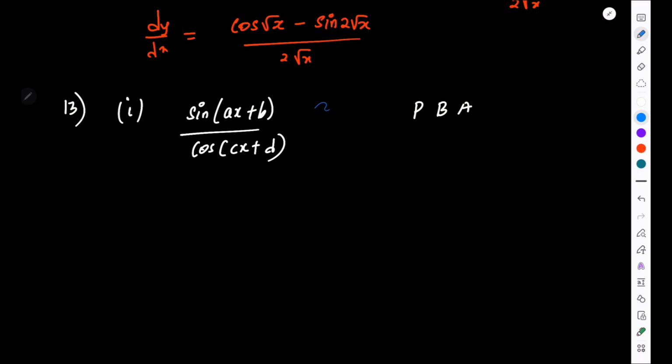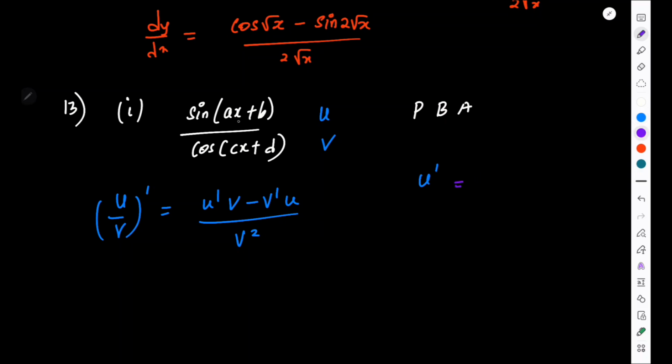So you consider the numerator as u, the denominator as v. So u by v differentiation would be u dash v minus v dash u divided by v square. So what is u dash differentiation? U dash would be, sine differentiation is cos ax plus b. Now you have to do the angle part as well, so it becomes a.